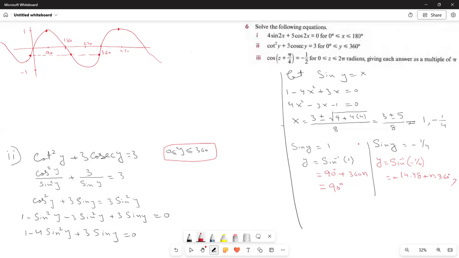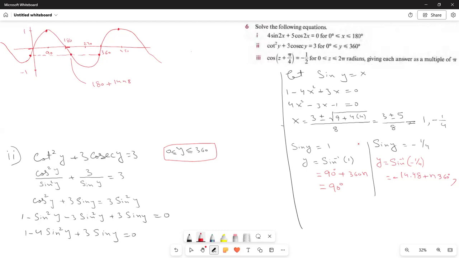And the next answer is this one, which is the same amount after 180, from here. So this value is 180 plus 14.48. Okay, I hope I'm clear. Now I am trying to see which one is included and which one is not.